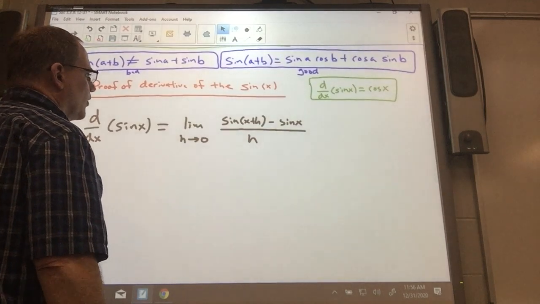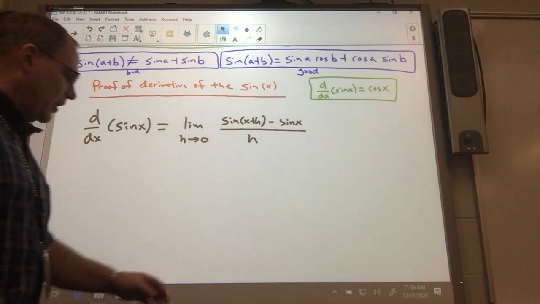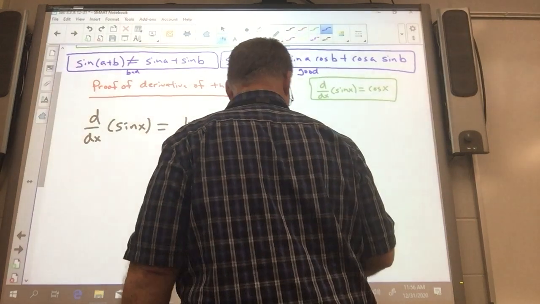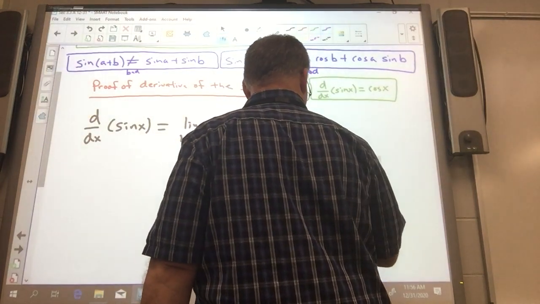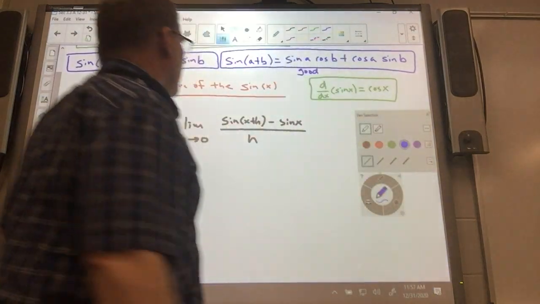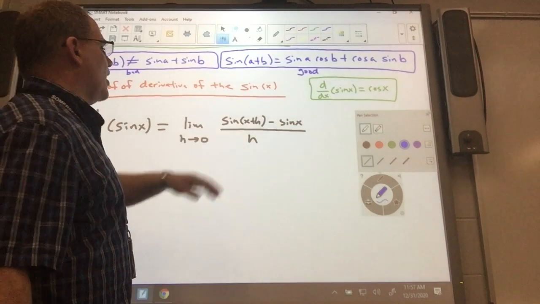So where am I going to go from here? Well, I've got that limit. The first thing I'm going to do is try to find my pen. There it is. Now I'm going to find my little thingy. There it is. And I'm going to move that out of the way here. The first thing I'm going to do with this problem is simply break this single fraction into two separate fractions.